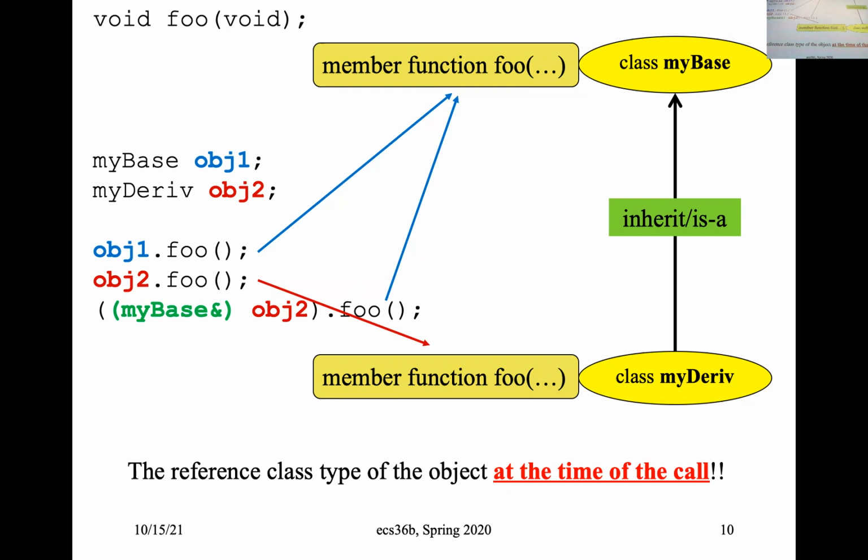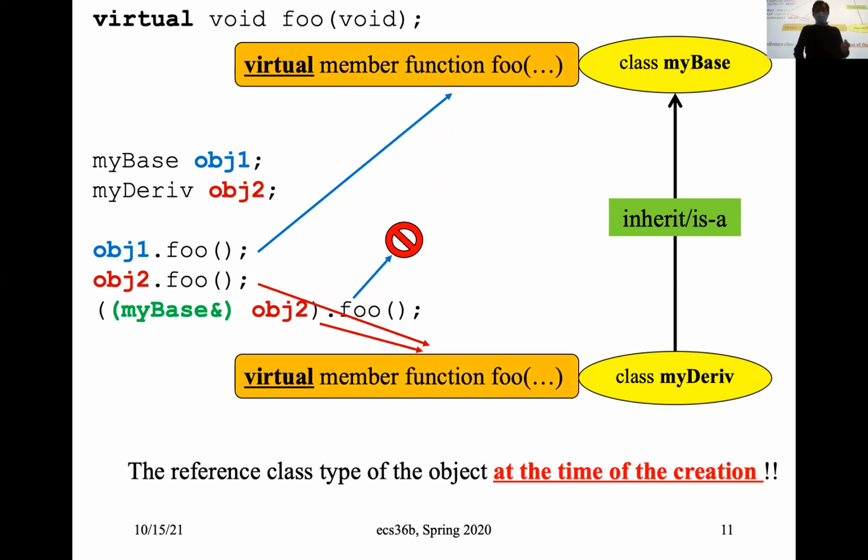What data type or class type you are at the time of the call determines which function I'm going to call. But a virtual function is essentially determined by the reference of the object at the time of the creation of the object. That's what I'm saying.